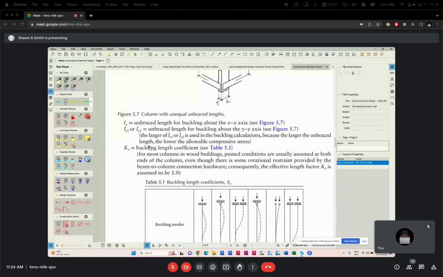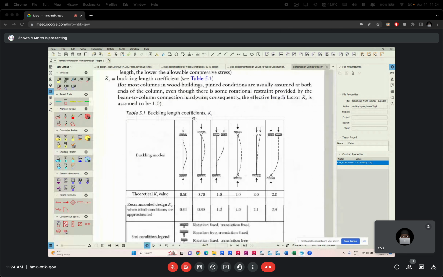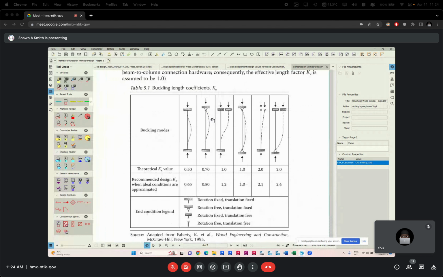KE is the buckling length coefficient, and it's taken from table 5.1. Class, this table is not new to us. It's the same table we use when we're doing compression elements in steel. I do not think I need to go through it again. It speaks directly to the support conditions of a column.